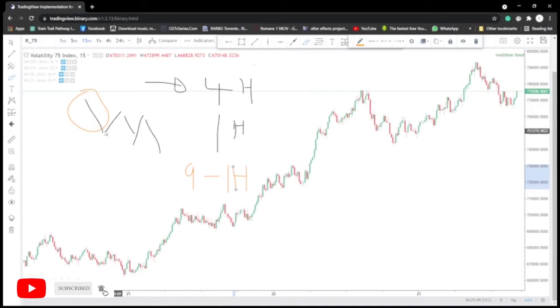Then after that we have a retracement, and again a retracement, and after that we have our last impulsive move to create a level of a 4 hour.